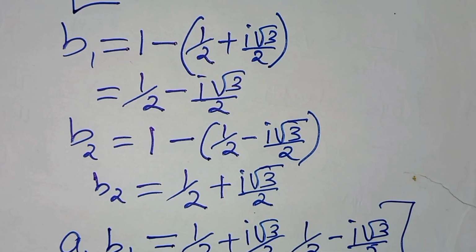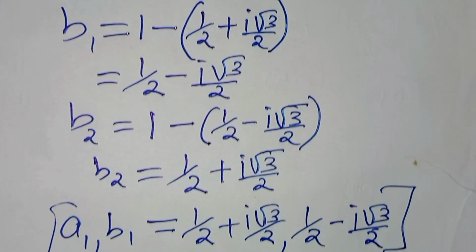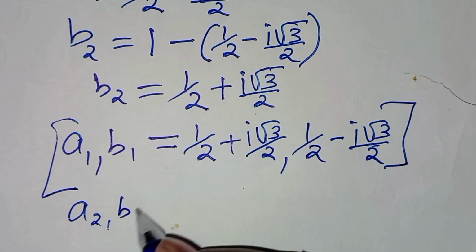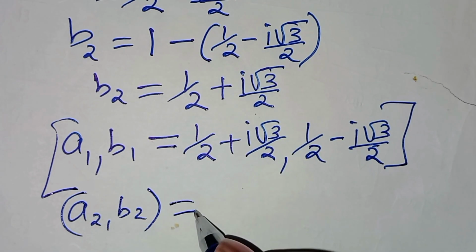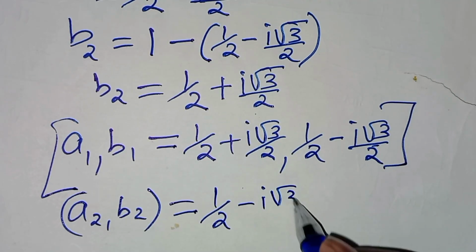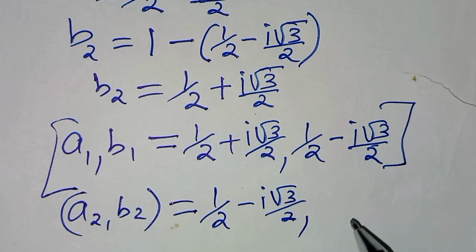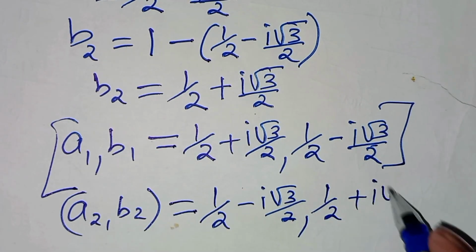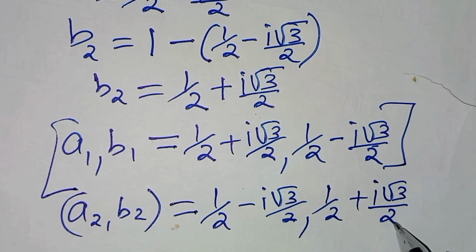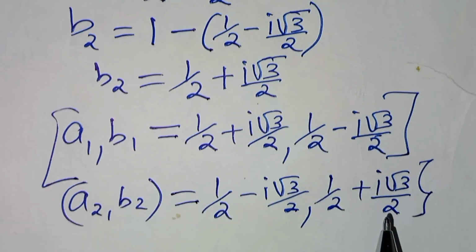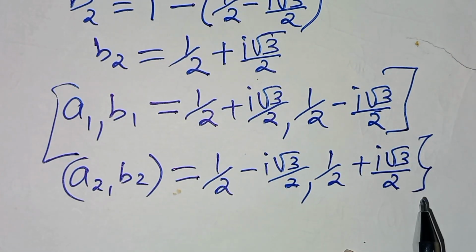So this is the first set of solution, and we have the second set of solution as a2, b2, which is essentially equal to half subtract i square root of 3 divided by 2, and b2, which is half plus i square root of 3 divided by 2. So these are two sets of solutions, a1 b1 and a2 b2.